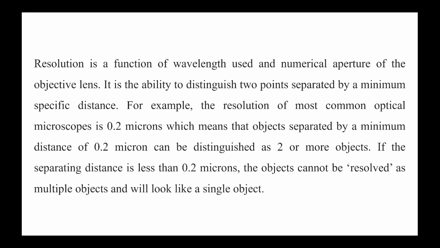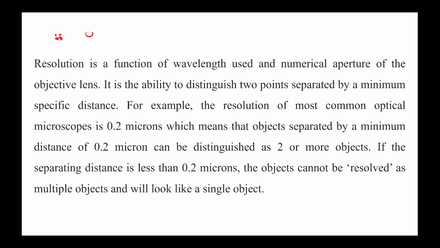So basically, when we have a lens and when we are observing an image, the resolution is the distance at which you can see 2 points as separate 2 points. If I have these 2 points separated by a certain distance, and you are able to see these 2 points as distinct 2 points, that means the resolution is this much distance.